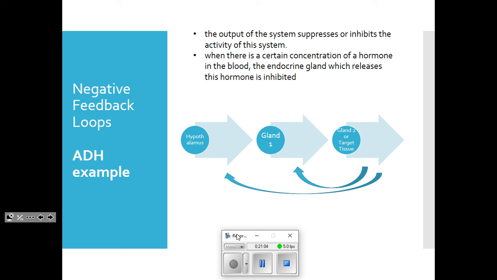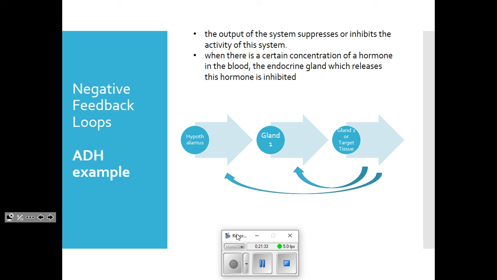So in the case of ADH, the hypothalamus is where things start. ADH is produced in the hypothalamus. So if I could write on the smartboard, on this arrow, I would write ADH. It's produced there. Gland 1 would then become the pituitary gland, specifically the posterior pituitary, like we saw previously.